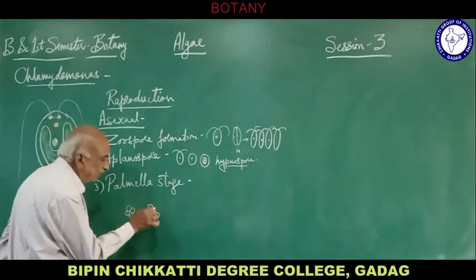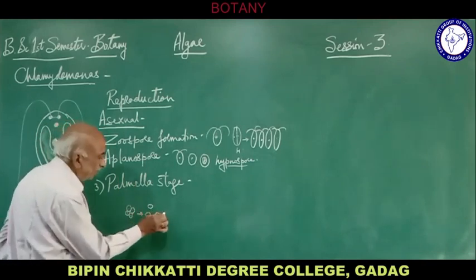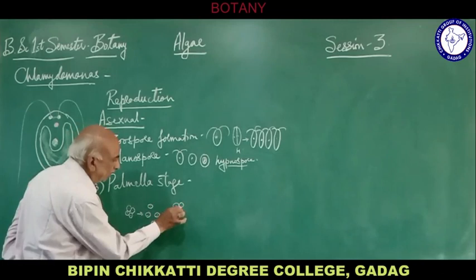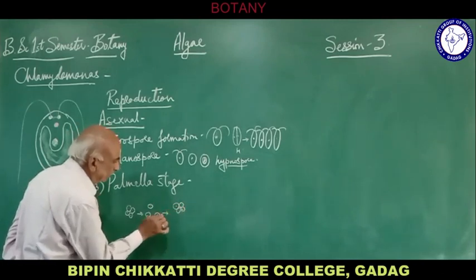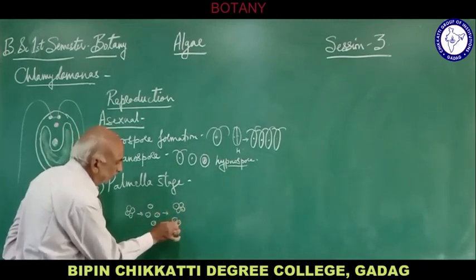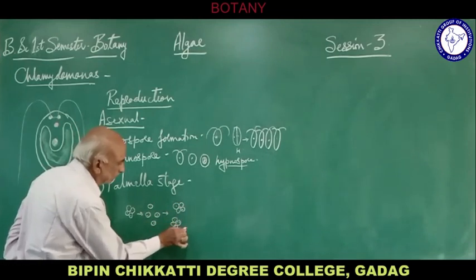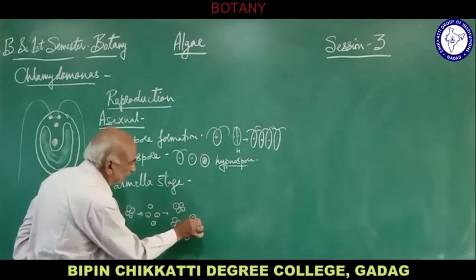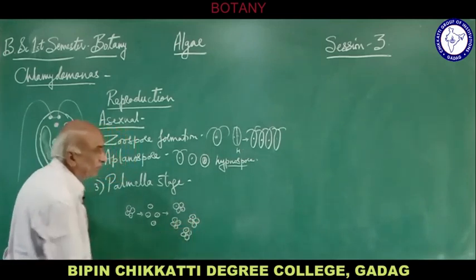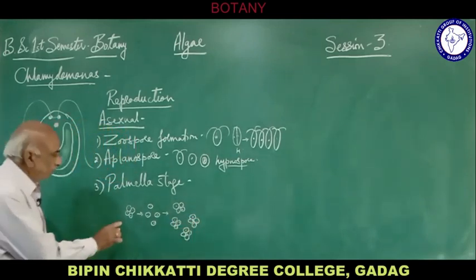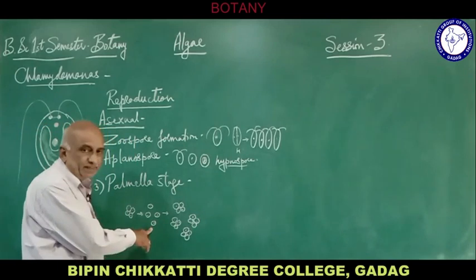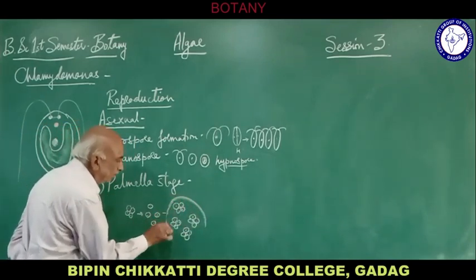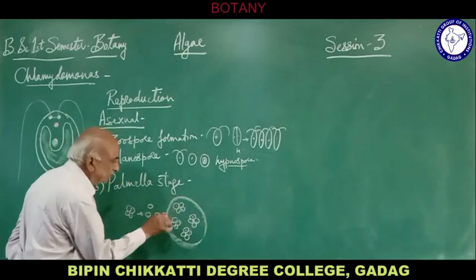Sometimes again these cells may divide, suppose this single cell will divide to form another group of 4 cells like this. So this also divides to form another group of 4 cells. So these cells are formed here like this. But one important thing what takes place here, after the formation of these many cells, these cells are enclosed by a mucilaginous sheath.